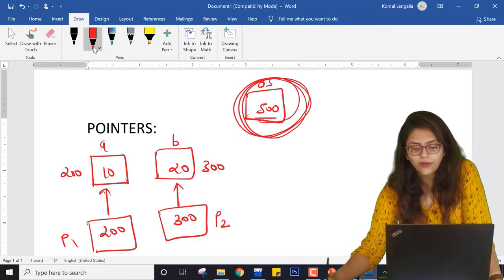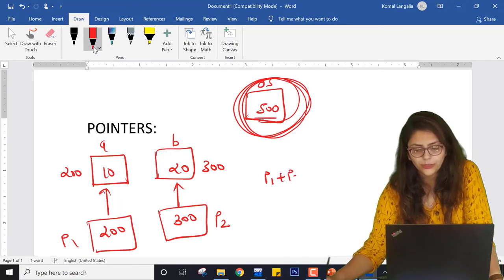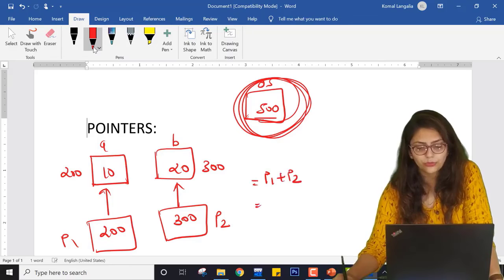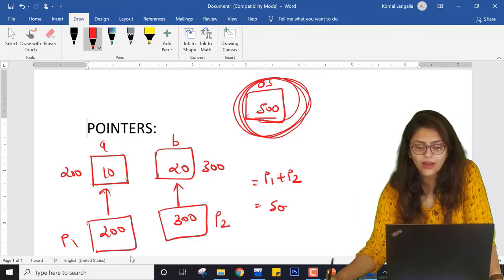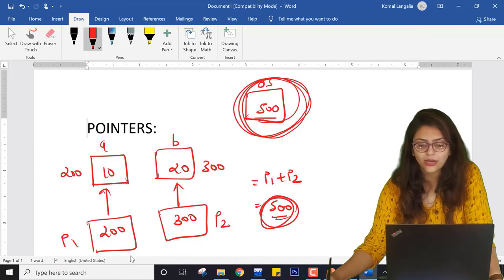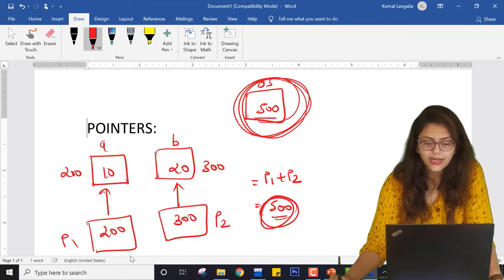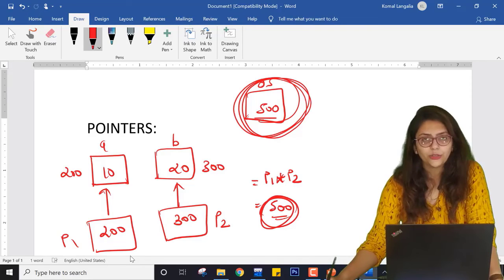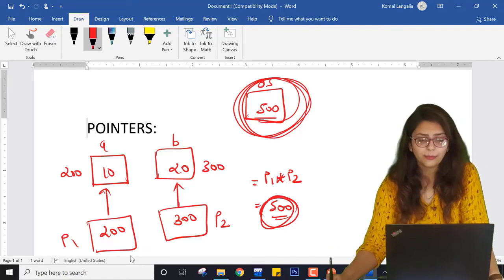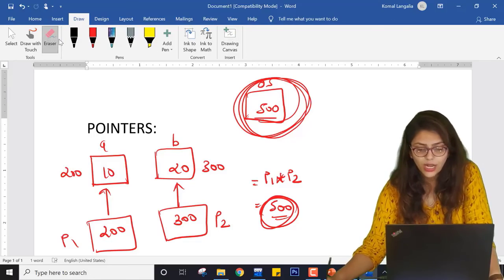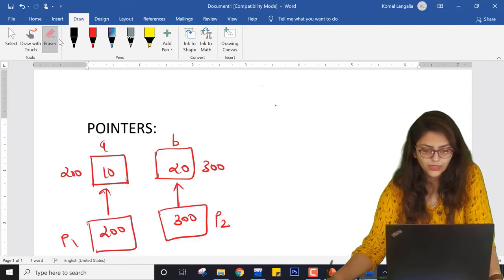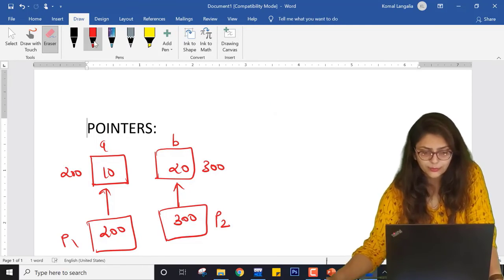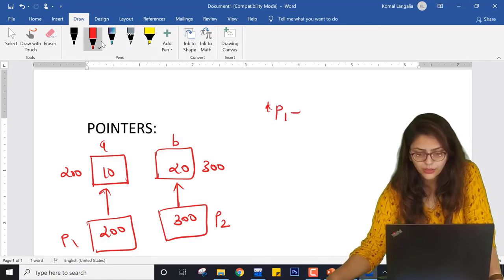So now what if I am doing P1 plus P2? I am directly adding two addresses, which is not allowed. It gives the answer 500, but this 500 is not accessible, so I cannot write this, right? Similarly for P1 into P2, because I don't know about the address, it may or may not give you an error. Now another thing is P1 minus P2, which is allowed, right? P1 minus P2 is 100. You can also do something like star P1 plus star P2.